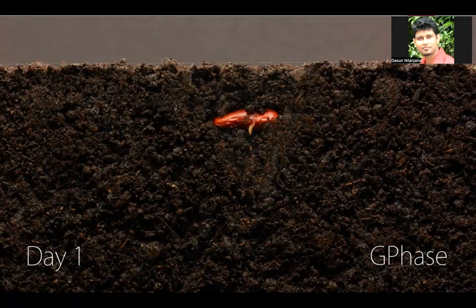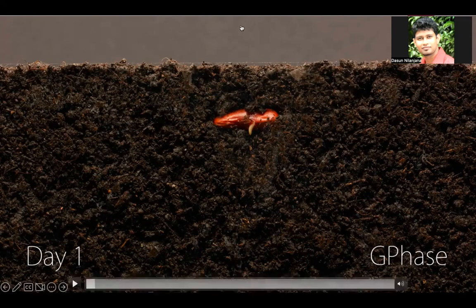Then if you take pictures, let's see something like this. This is kidney beans, or you can take anything. Let's say it takes 2 weeks, which means 14 days. In one day there are 24 hours.